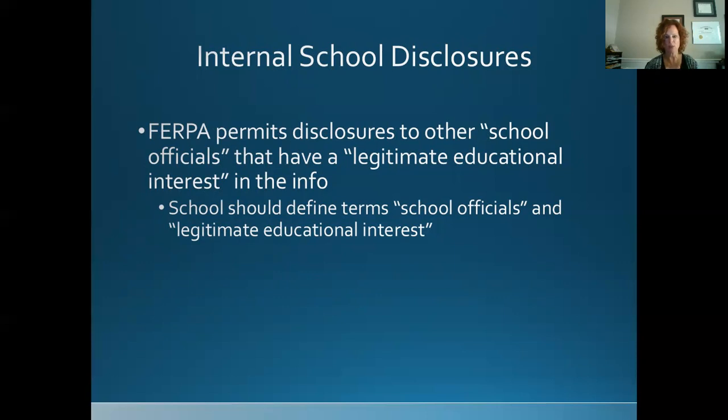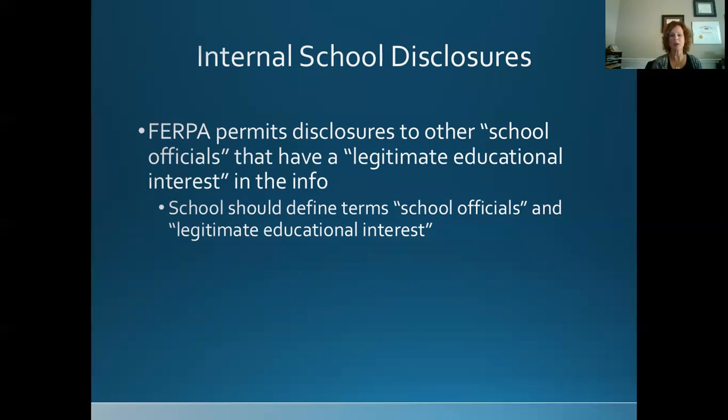So say, for example, that the school principal thinks that the school guidance counselor has a legitimate educational interest in knowing what disciplinary action has been taken against a student or the student's grades, either for the school counselor to reach out to the student or for purposes of ongoing services provided to that student, then that disclosure can be made from the principal to the guidance counselor.